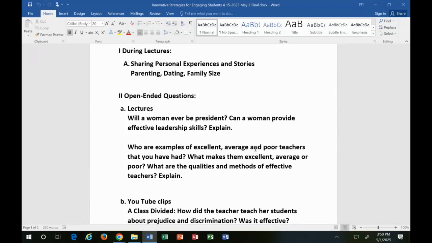Or this next one, I just asked last week when we were talking about education. Who are examples of excellent, average, and poor teachers that you've had? I say, you have to talk about elementary school, high school, here at Triton. What makes them excellent, average, or poor? Overall, what do you think are the qualities and methods of effective teachers? That's another good one because they've all had experience with teachers.